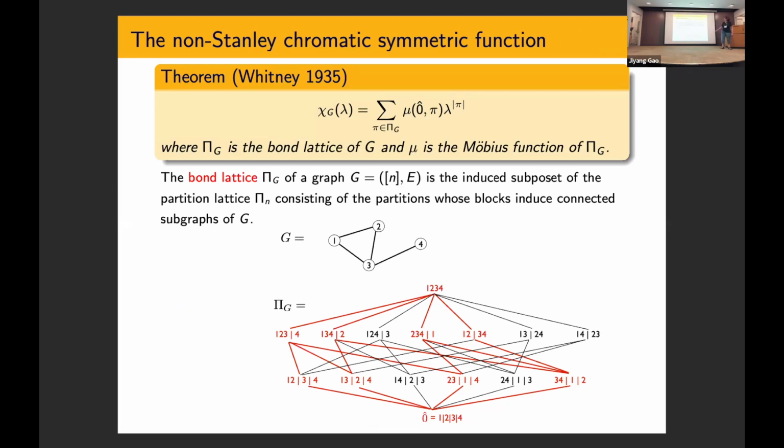In red are shown the elements in the bond lattice for this graph. Notice in the bond lattice we don't have 1, 4. That's not included because the induced subgraph on 1, 4 is not connected. The induced subgraph has to be connected in order for us to have the block in there. So that's the bond lattice.